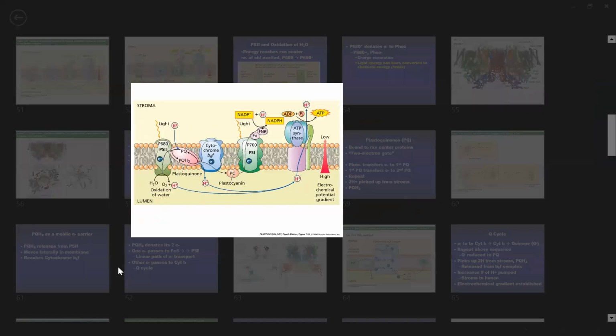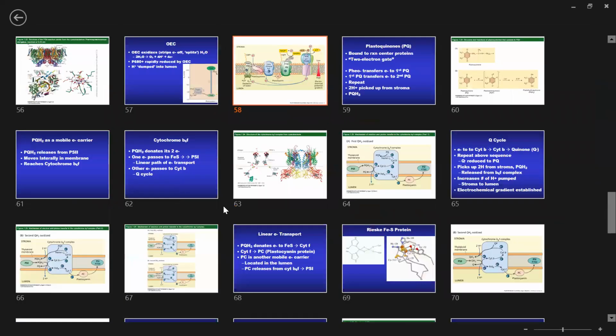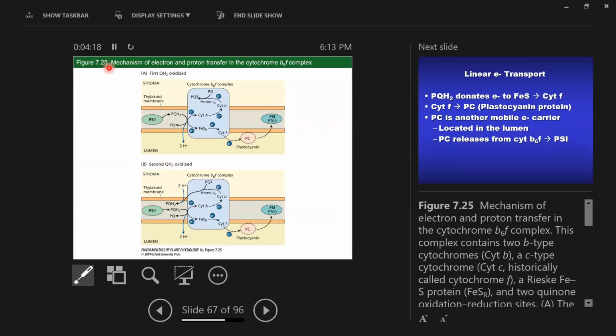And then in the Q cycle, you see the same thing happening there. Protons are getting grabbed from the stroma and reacted with PQ to fully reduce it to PQH2. So in those cases, it's disappearing from the stroma and then getting dumped into the lumen.